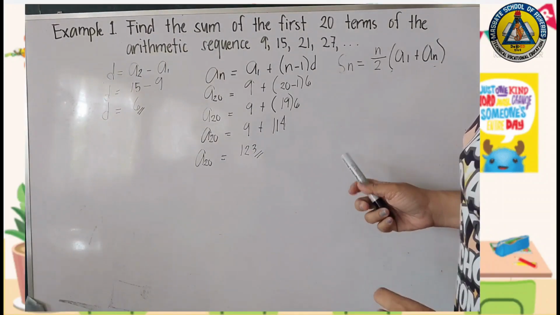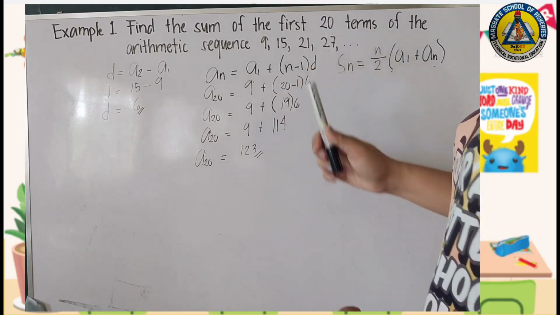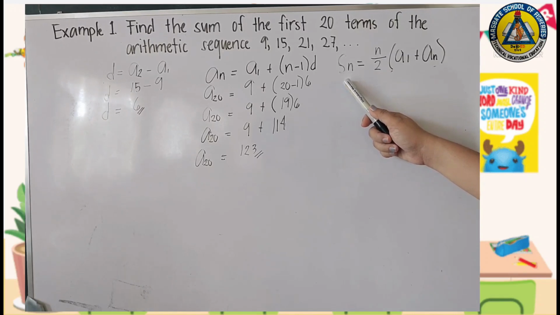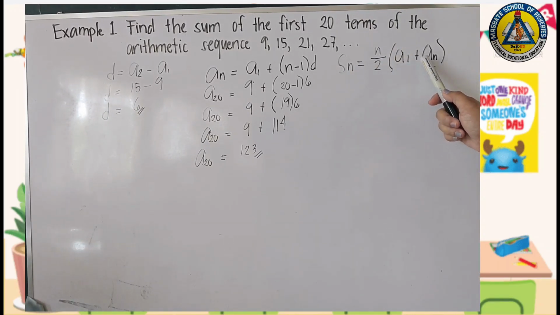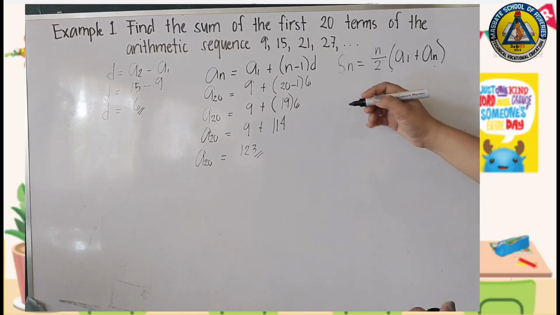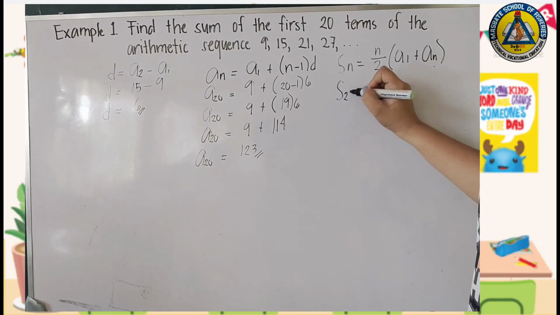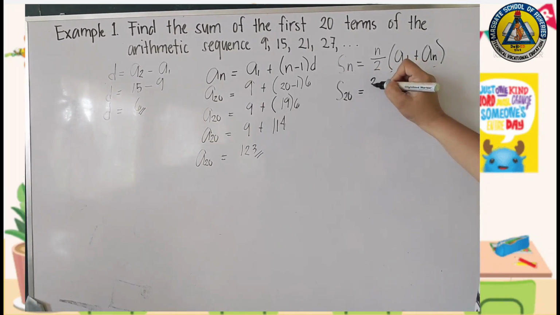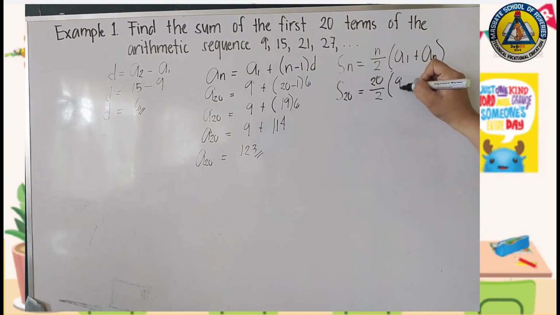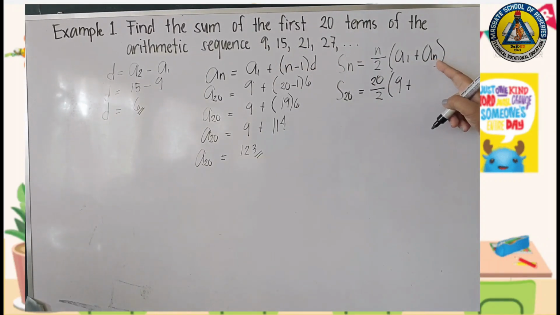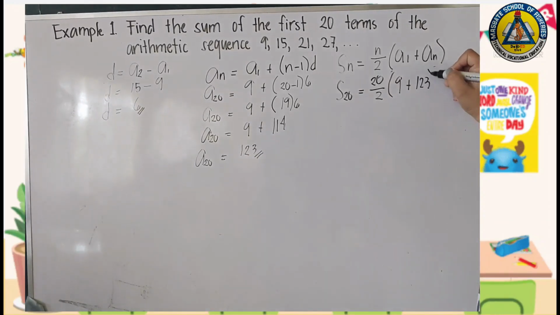123. And now, we can find the sum of the first 20 terms of the arithmetic sequence given by the formula S sub n equals n over 2 times a sub 1 plus a sub n. Substituting the given values, S sub 20 is equal to 20 over 2 times a sub 1, which is 9, plus a sub n, or the 20th term, which is 123.